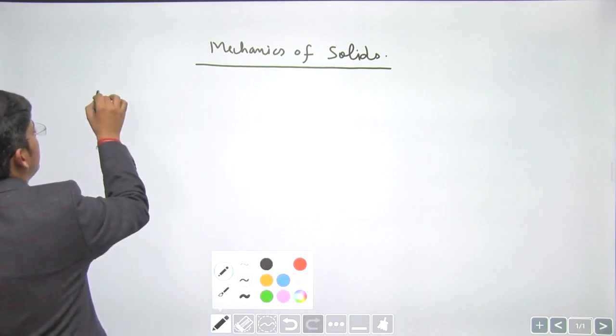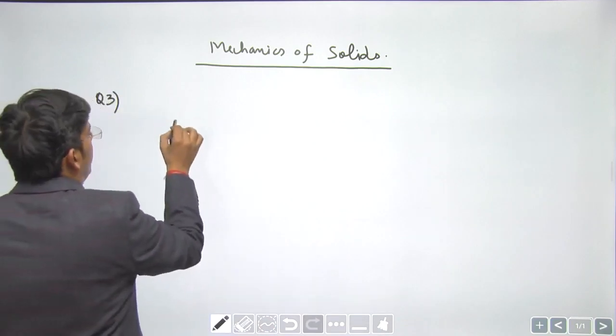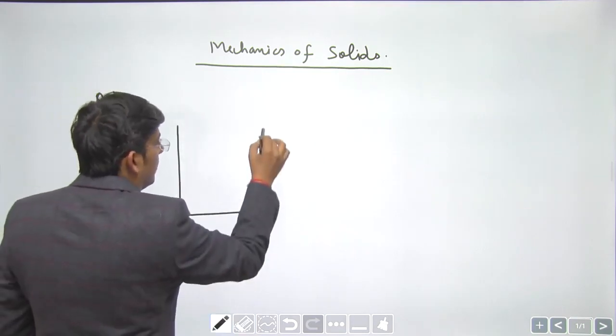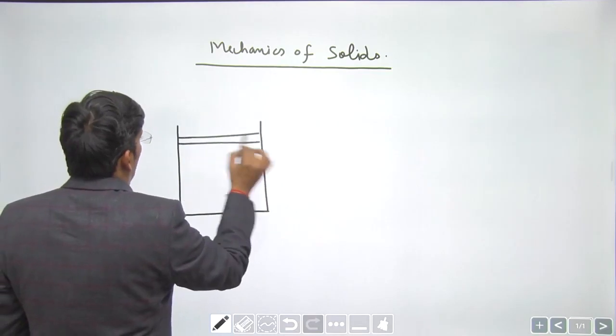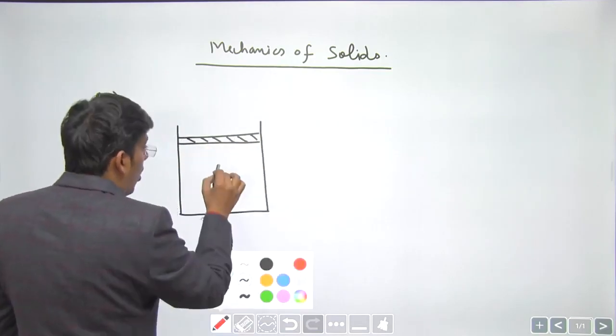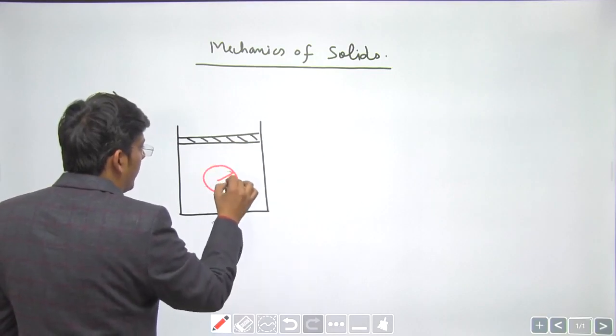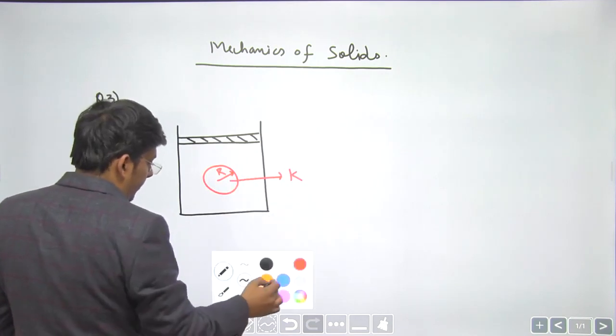Let us do another question. See, this is a cylinder, and a massless piston is floating over it. There is a ball of radius r, bulk modulus of elasticity K, in a liquid.